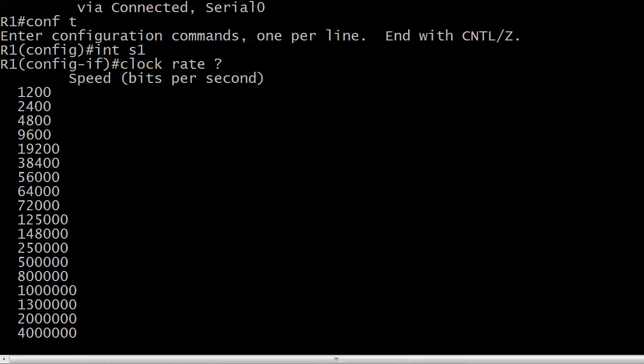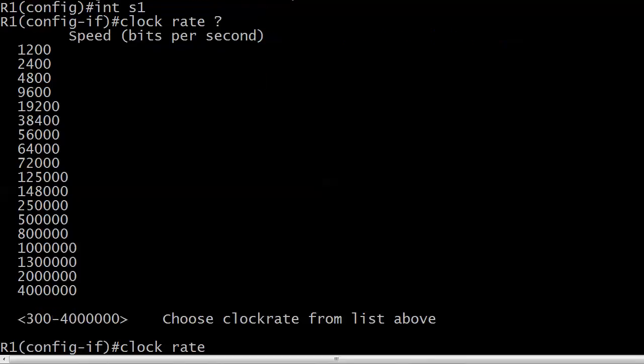Well, it really doesn't matter if you put clock rate 56,000 or 64,000 on here in a lab environment. You're going to bring that link up. But I think we get so used to typing 56,000 or 64,000 here that when people go to the bandwidth command, they go bandwidth 56,000. And you definitely don't want to do that. Let's take a look as to why.